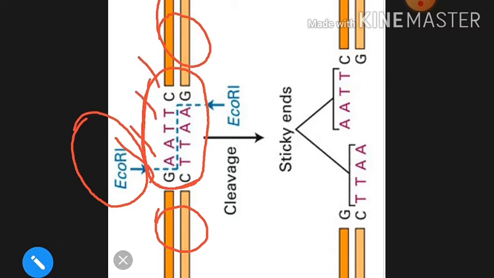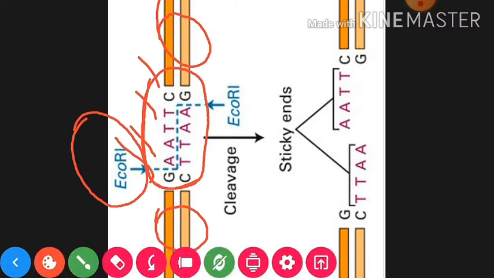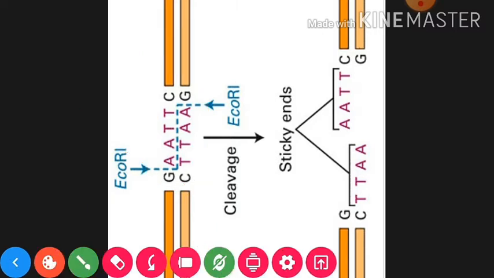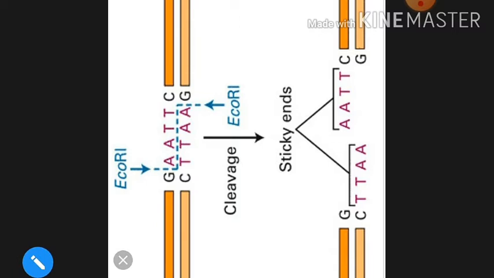Here we have to know how the restriction enzyme makes a cut in DNA. You must remember that we are studying the restriction endonuclease enzyme EcoRI. Each and every enzyme makes a cut at a specific location. Suppose EcoRI makes a cut between the G and A nucleotide sequence.